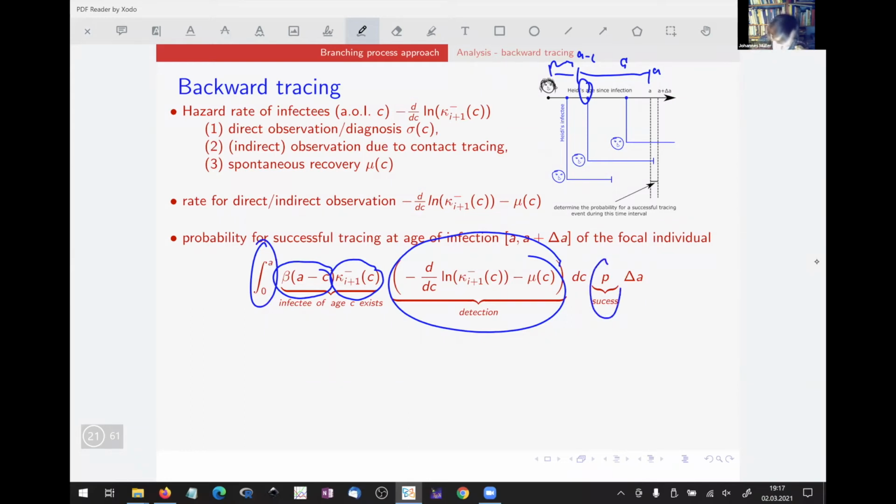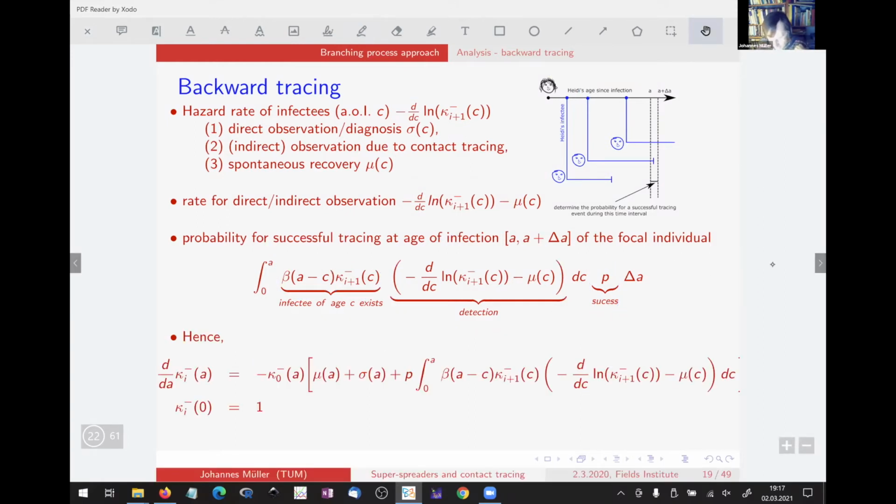And of course, the tracing event has to be successful, that Heidi is really removed by contact tracing. And we look at the small time interval delta A. So we have here indeed the rate. So that's here the rate for successful contact tracing by infectees. And so we can add that in our ODE.